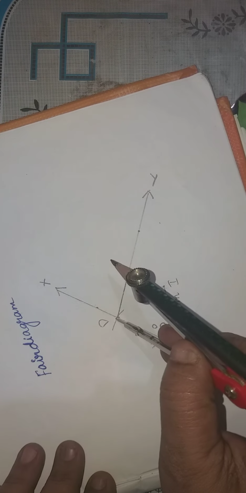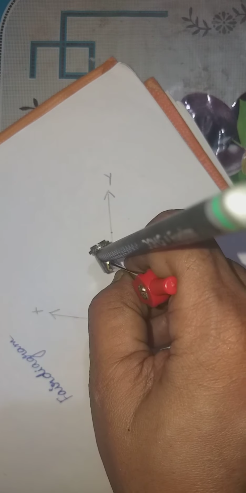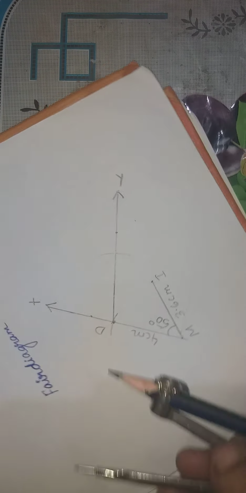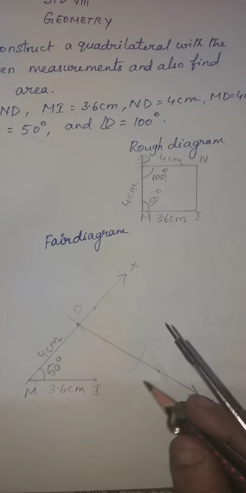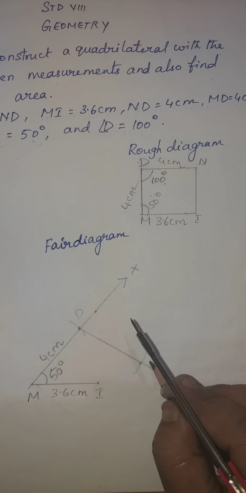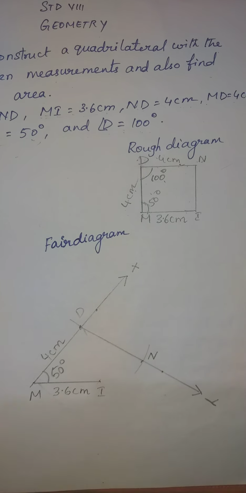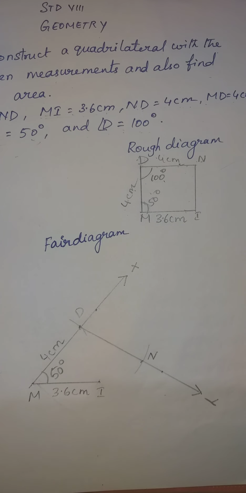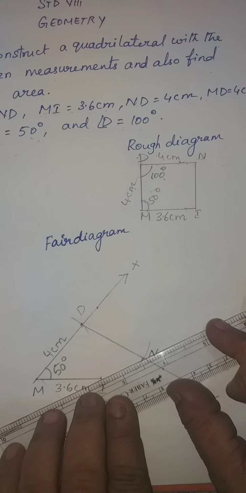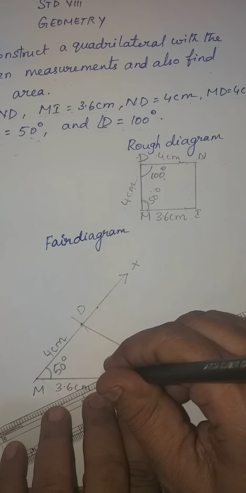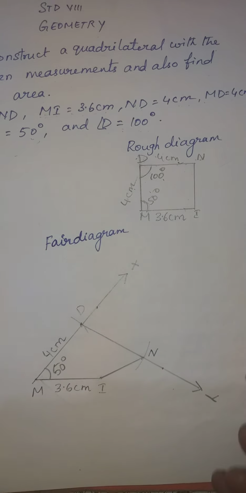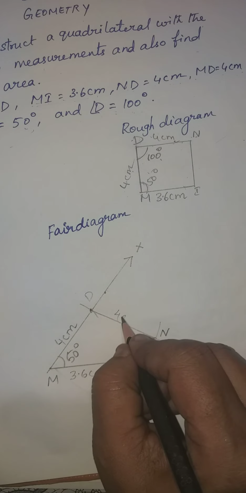With D as center, radius 4 centimeters, draw an arc which cuts DY at this point N. Now let us join IN. This is 4 centimeter.